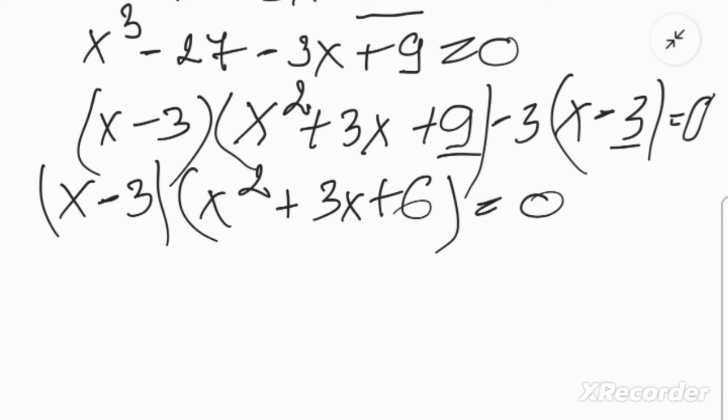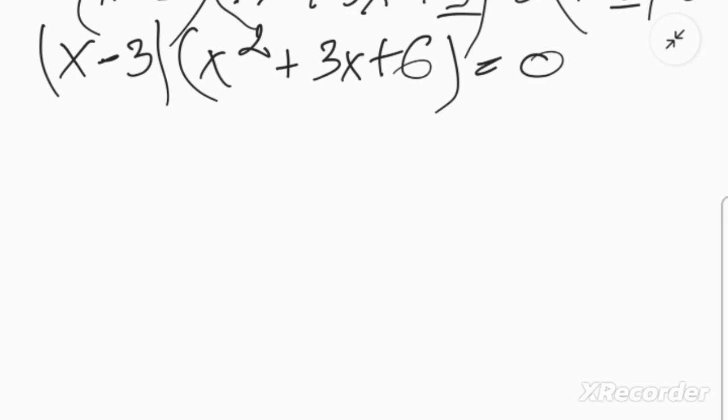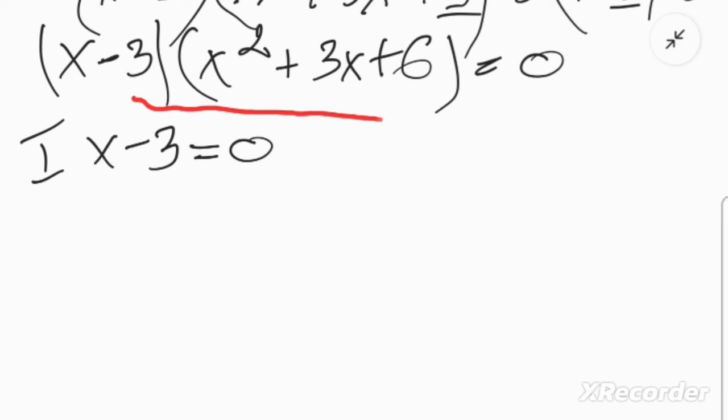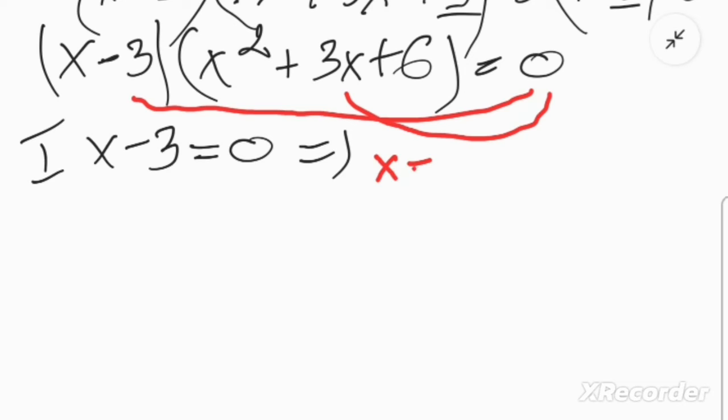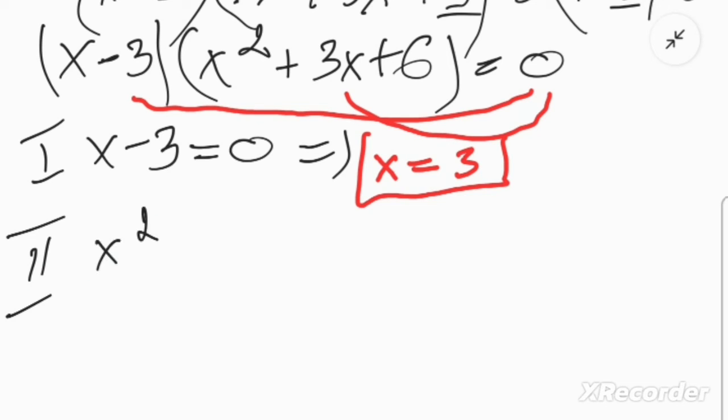Now we have a simpler equation in which we will have first case x minus 3 equals 0, which results that x equals 3, and the second case x to the power of 2 plus 3x plus 6 equals 0.